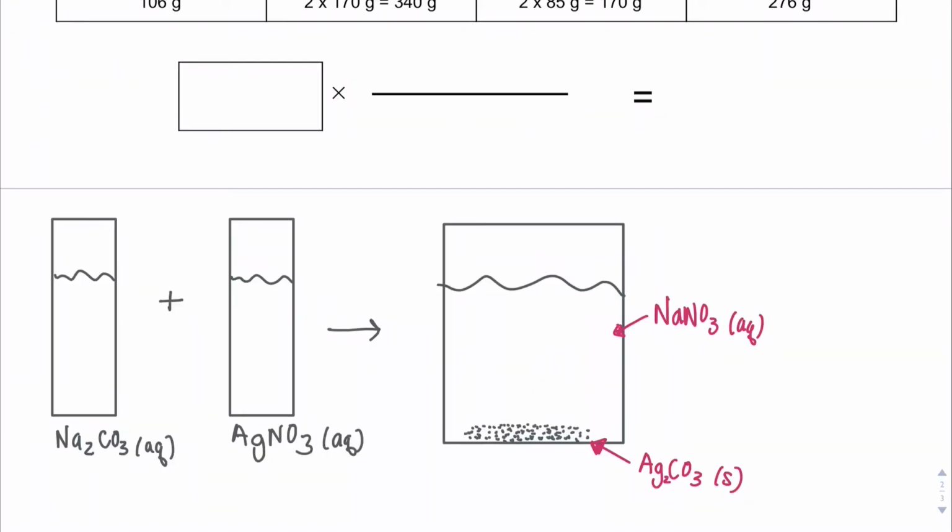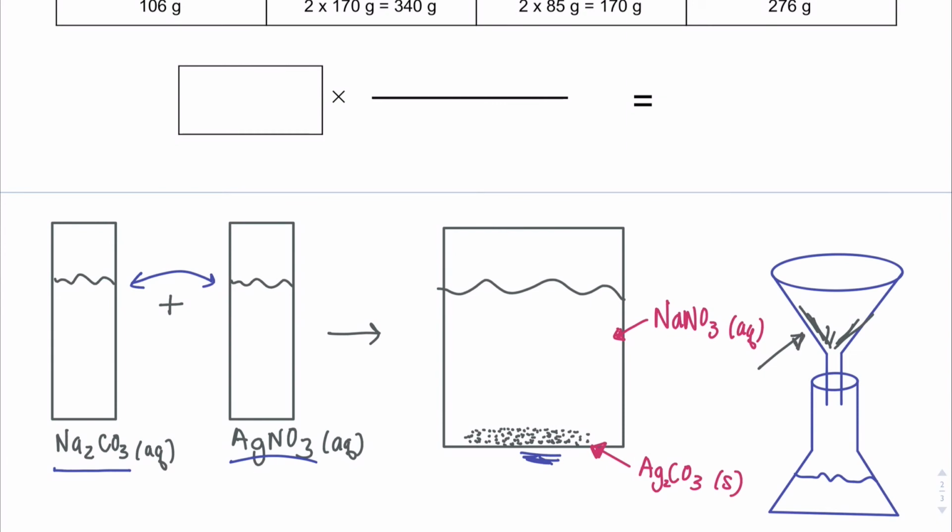This reaction is saying that if we take aqueous sodium carbonate, which is colorless, so there's nothing in the test tube, plus silver nitrate, which is also a colorless solution, so it looks like there's nothing in the test tube, just water, and we mix those together, put these two together into a beaker, we will end up with a solution that has this solid precipitate at the bottom, a solid that you can collect in a filter.